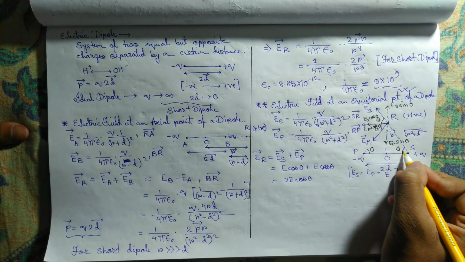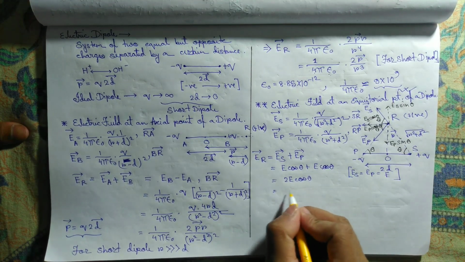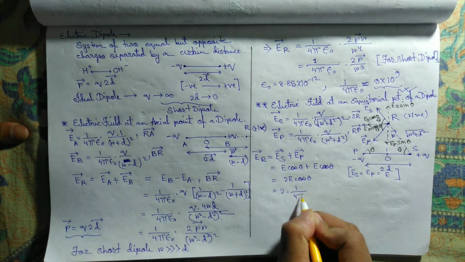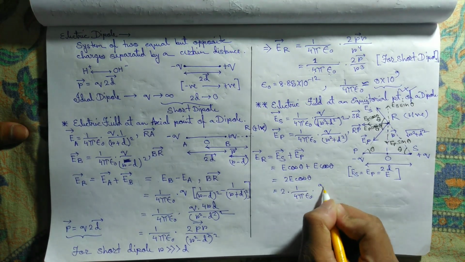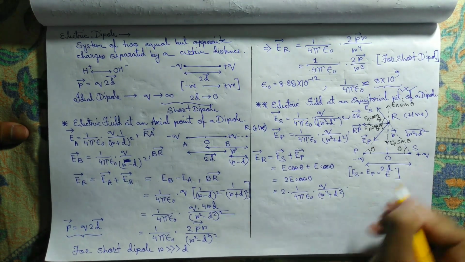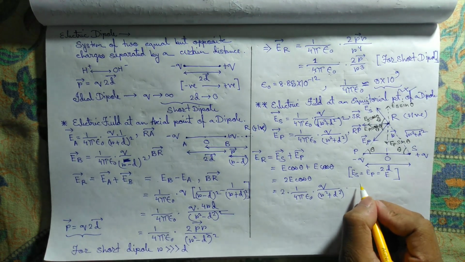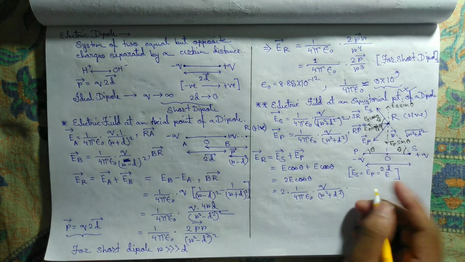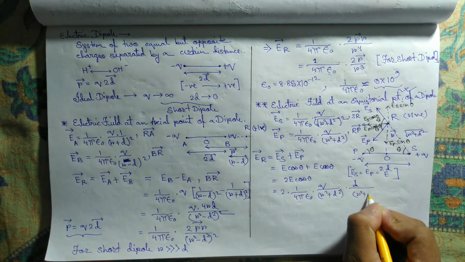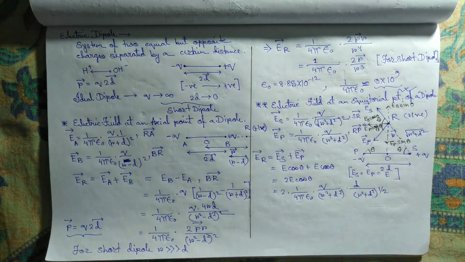Now from that triangle, what is the cos theta value, and what is E? It will be 2 into 1 by 4 pi epsilon naught Q by R square plus D square. And what is the value of cos theta? It will be base D by (R square plus D square) whole to the power half, or root over that.